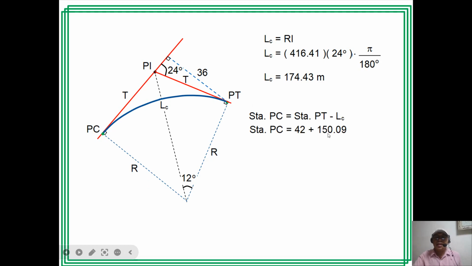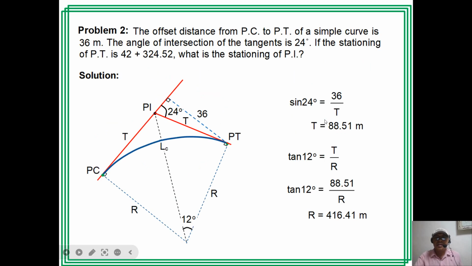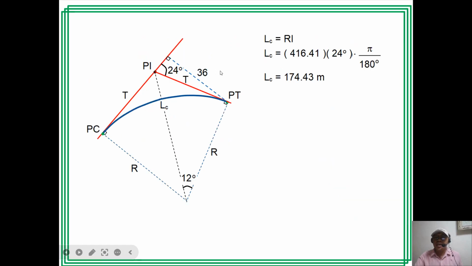Okay. So, the station of the PC is station PT minus LC. What is the station of the PT here? 42 plus 324.52. So, 324.52, you subtract 174.43. Then, that is 150.09.